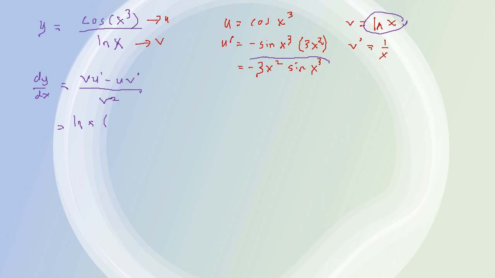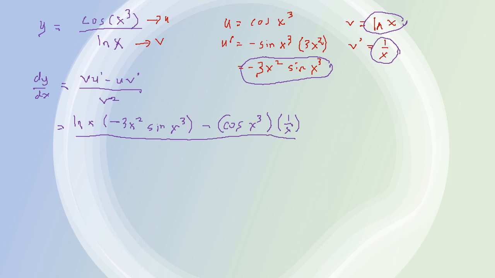U prime is negative 3x squared sine x cubed, minus u, which is cos x to the power of 3, multiplied by v prime, which is 1 over x. And then divide by v squared, so ln x squared.